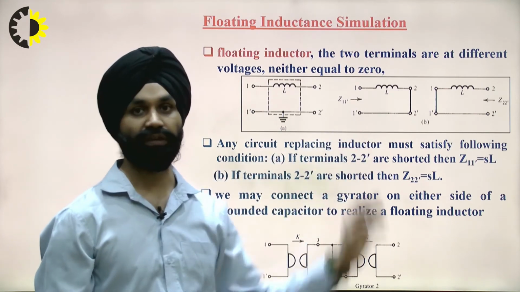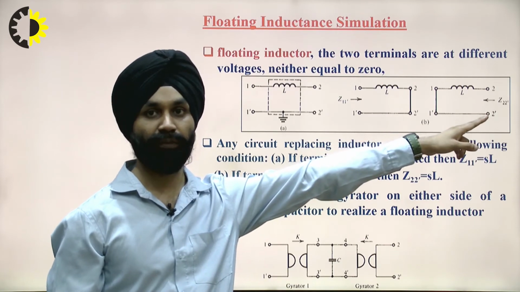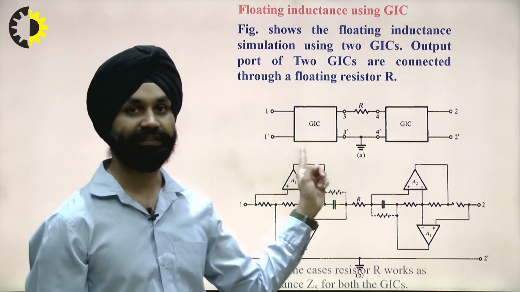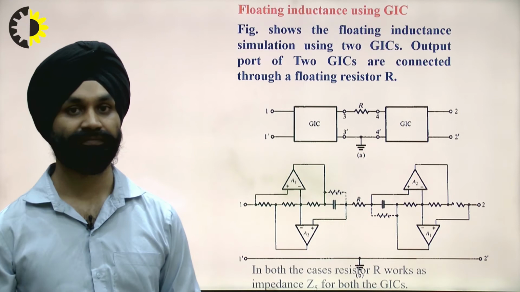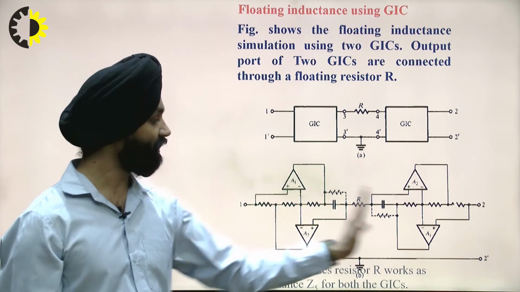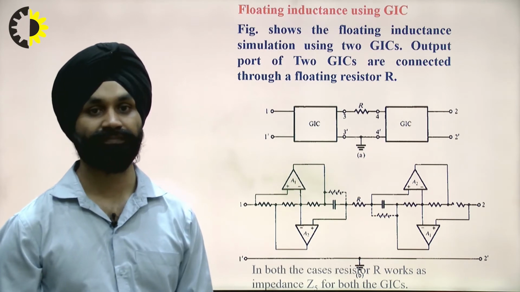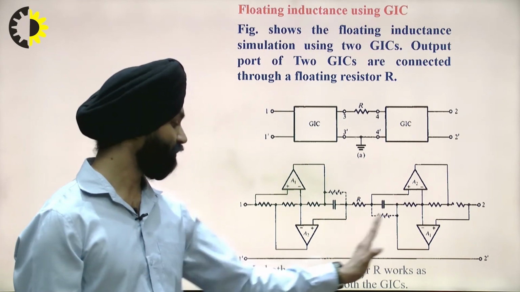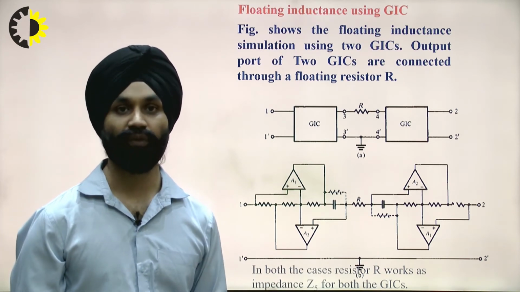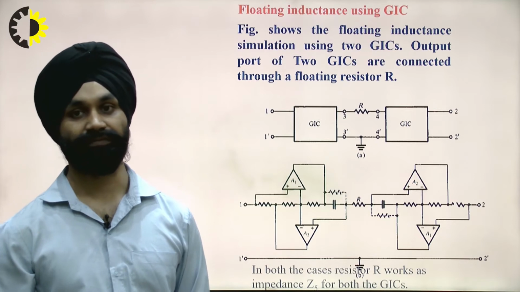The second is the mirror image of that, where the input is at 2 and the other terminal is grounded. They are connected such that R5 is common to both. Both GICs together give the simulation of a floating inductor, a behavior similar to a floating inductor.